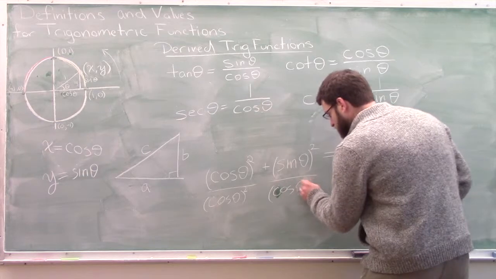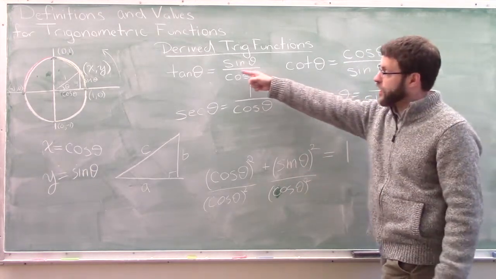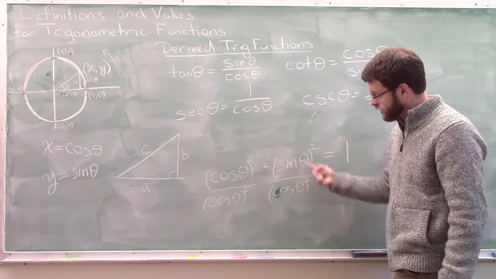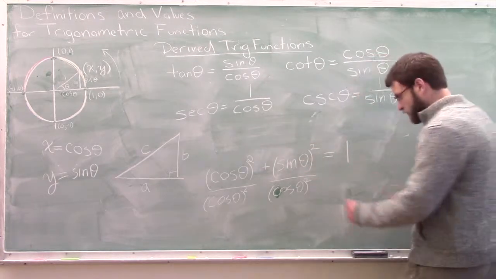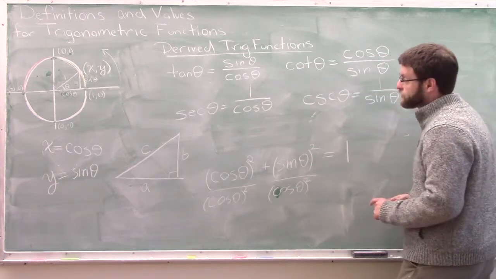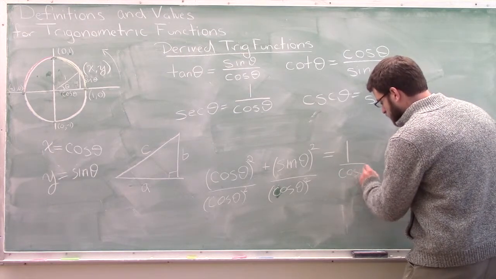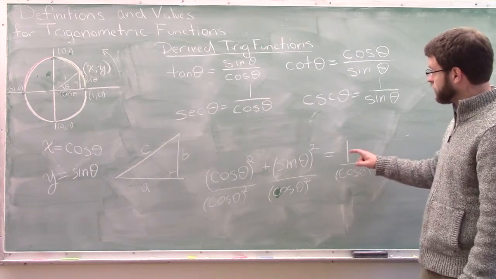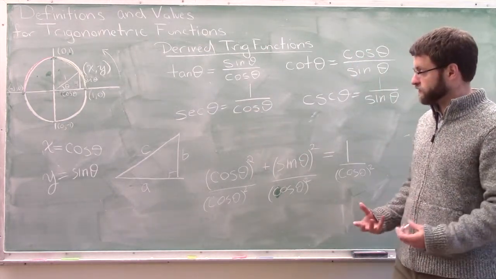In the second term, if I divide that by cosine squared, these don't cancel out perfectly, but I get something that I can write in terms of the derived trig function tangent. I can write that fraction as tangent squared. On the right-hand side, if I divide by cosine squared, I get something that's complicated, but I can write it in a simpler way by using the definition of the secant function.